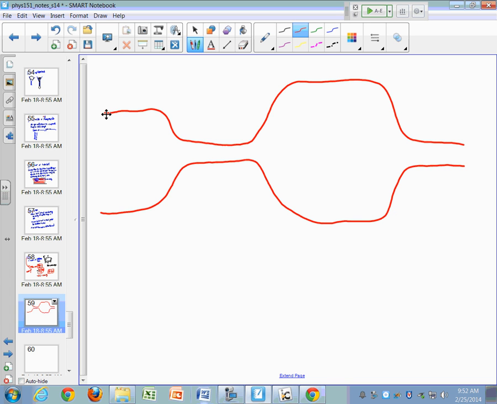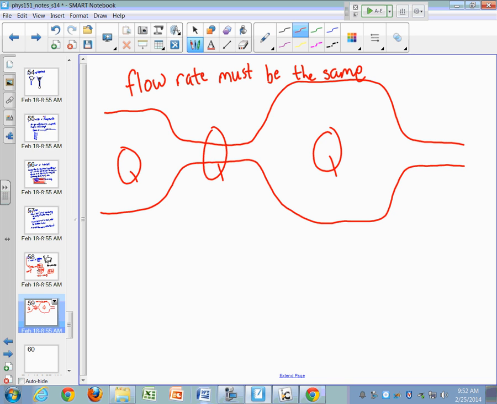This says, if I'm saying that the flow rate must be the same, what I'm saying is that Q here has to equal Q here. It has to equal it there, and it has to equal it there. That flow rate always has to remain the same. Why is that? It's a simple explanation. Why does the flow rate have to remain the same?